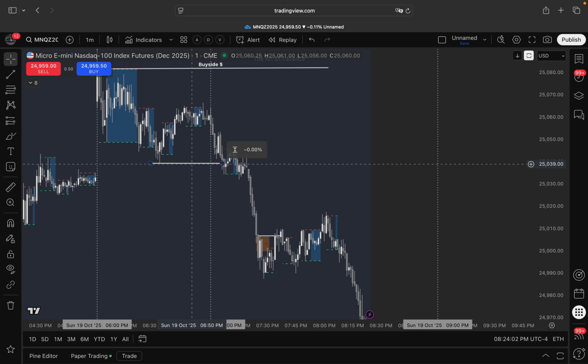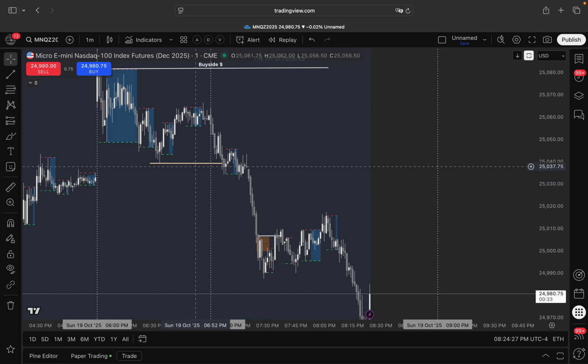Because that will determine the direction that we will be trading. So again, remember, we wait for a raid or sweep, whatever you want to call it, a sweep of liquidity to take out either liquidity, and then the goal is to target the opposing liquidity. So here in this live example, price swept the sell side liquidity.